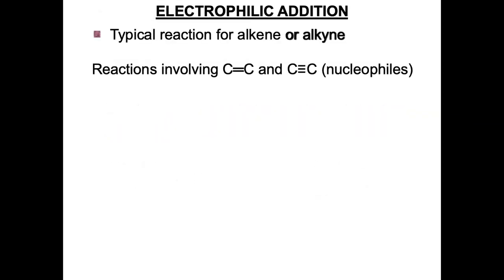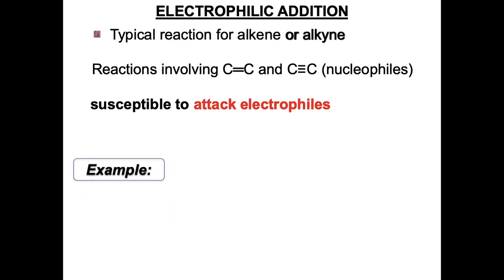Electrophilic addition. Remember that we have two types of addition: electrophilic addition and nucleophilic addition. Electrophilic addition involves typical reaction for alkene or alkyne. So our C double bond C and C triple bond C in alkyne, they are both nucleophiles, electron-rich species.